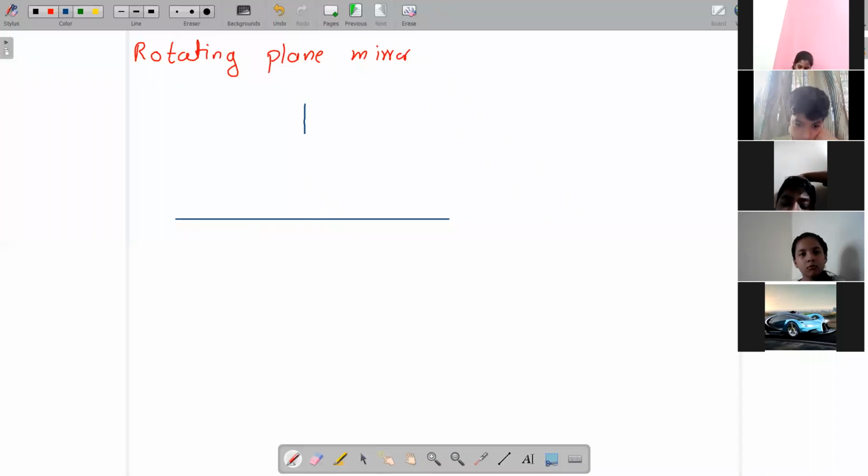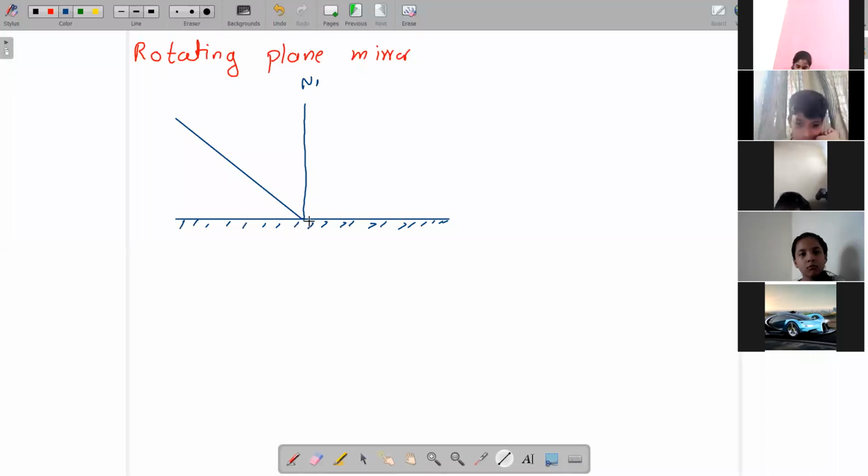Let us take this as the normal N1. This is a plane mirror, and it has a normal, which I have taken as N1. Let us take a ray incident on the mirror with some angle i. When it is incident on the mirror, it undergoes reflection with the same angle.